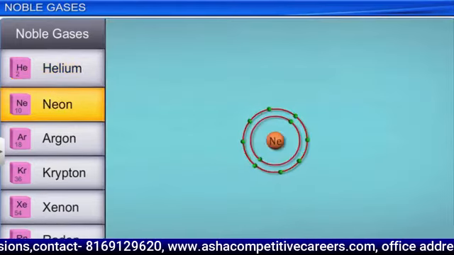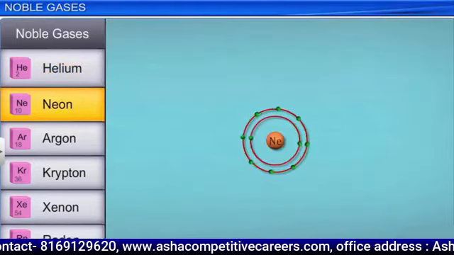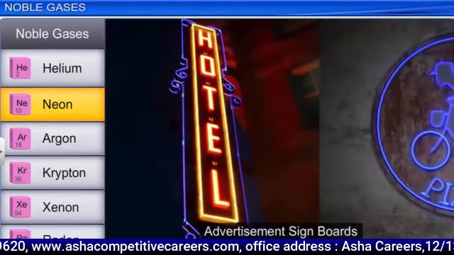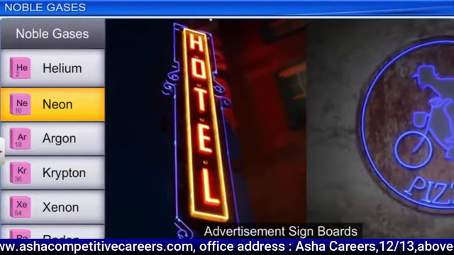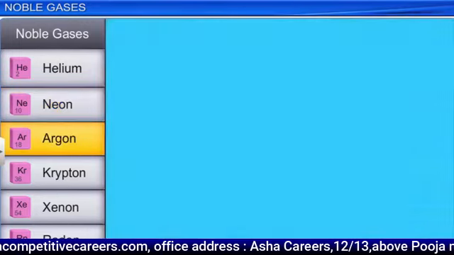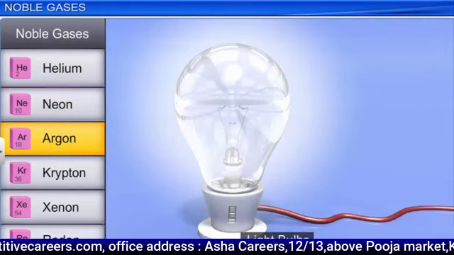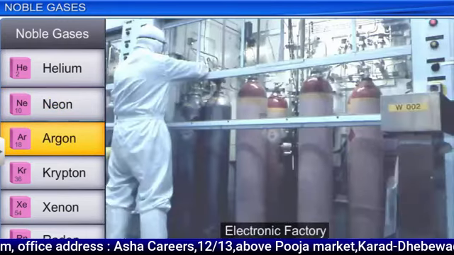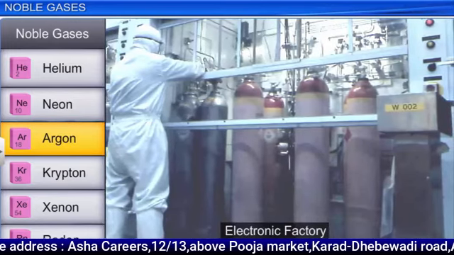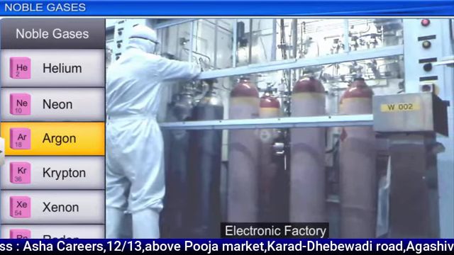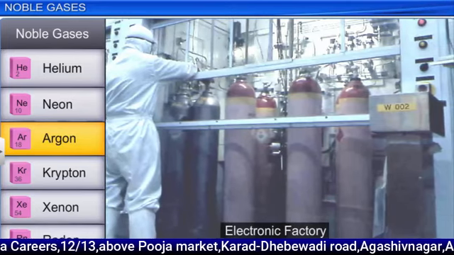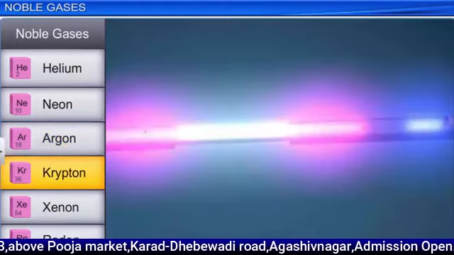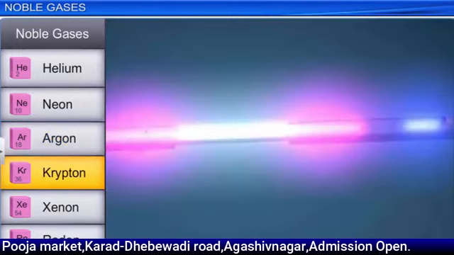Another useful noble gas is neon, which produces red light when electricity flows through it, and hence the gas is used in advertisement signboards. Argon, on the other hand, is used in light bulbs. This gas is also used to provide an inert atmosphere while making silicon and germanium crystals for the electronics industry. Like argon, krypton is also used in commercial lighting.